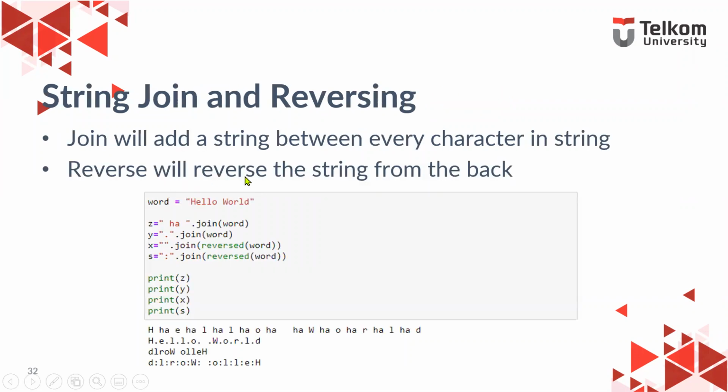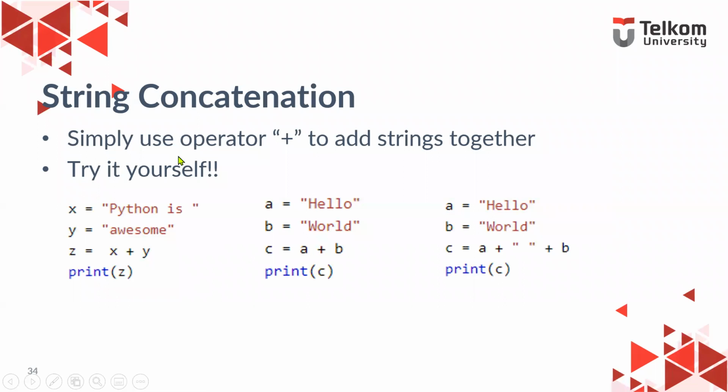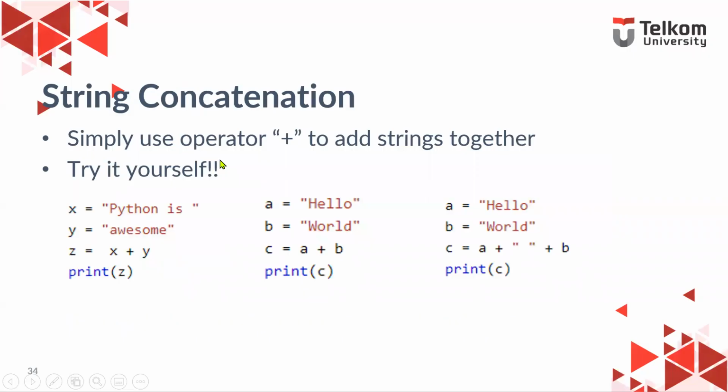Okay, and then string join and reversing, you can try it by yourself. And then string strip is just deleting a specific substring. And then concatenation, we're just going to concat or merge two or more strings to become one string.